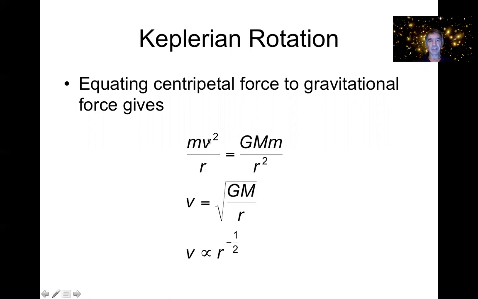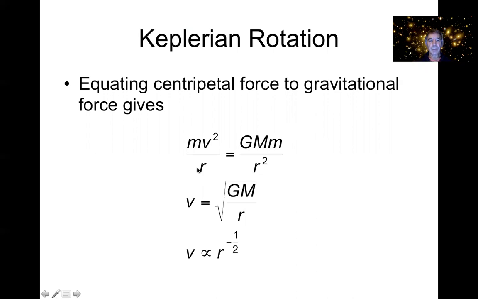Here v is the orbital speed, the speed at which stars are orbiting around the galaxy. Big M is the mass inside this radius, as we talked about in workshop 5, and little m you can think of as the mass of a star or a gas cloud, the test particle going around in a circle. But you can see it cancels out, so it doesn't matter what it is.